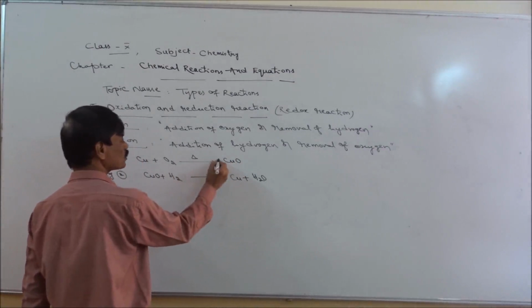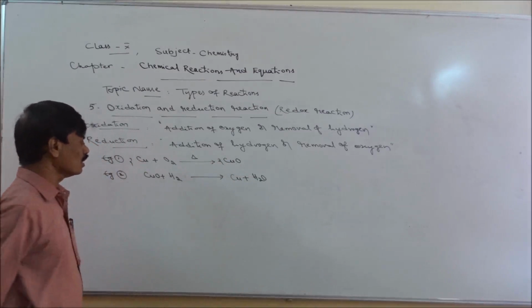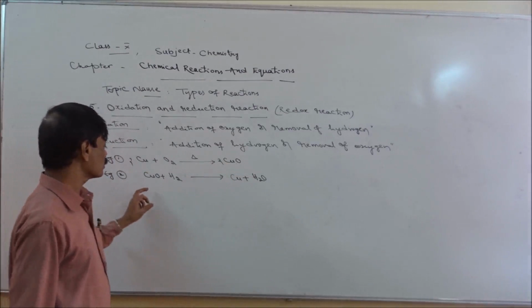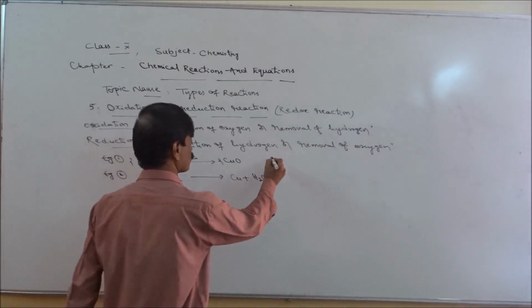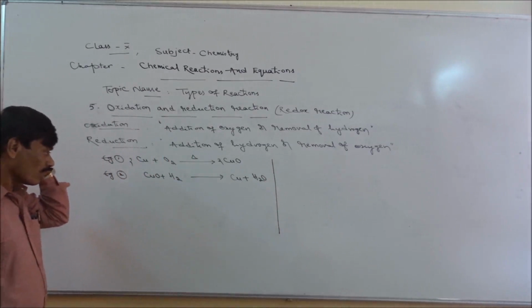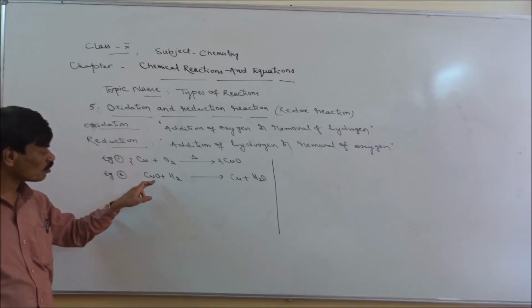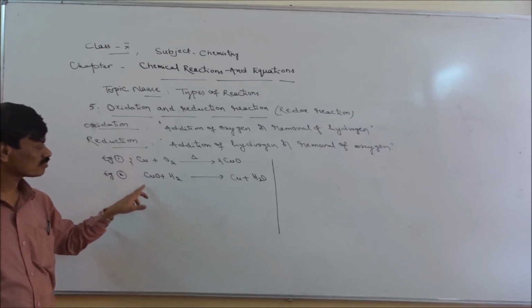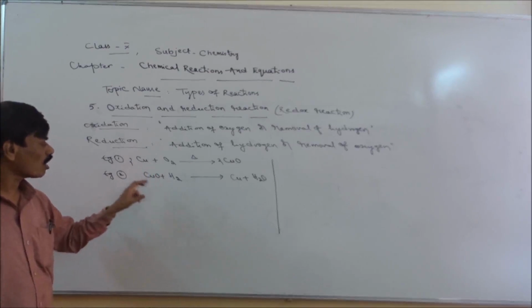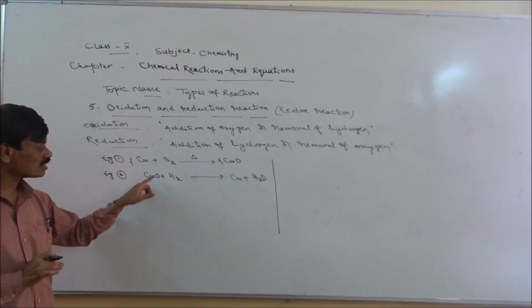Two oxygen atoms. And in the second reaction, hydrogen is added to oxygen and oxygen is removed from the cupric oxide. From CuO, we have removed oxygen.